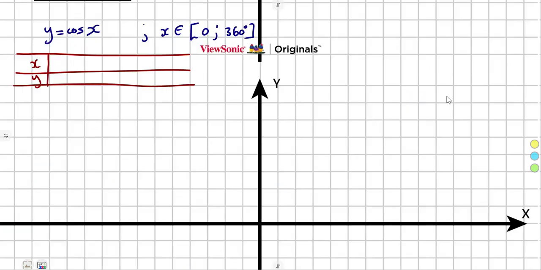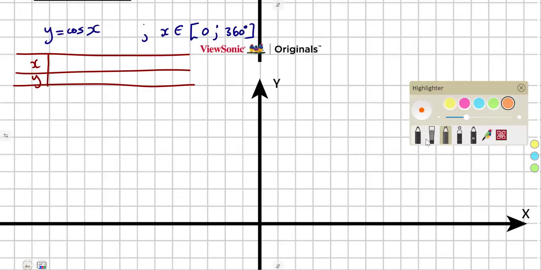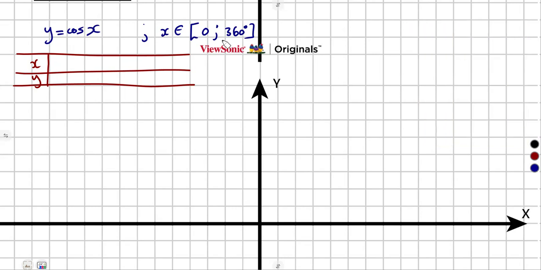Same spacing as we had before of 90 degrees. So from 0 to 360, that is going to be 0, 90 degrees, 180, 270, 360. We are going to notice that the output values are different from what we had from the graph of a sine.